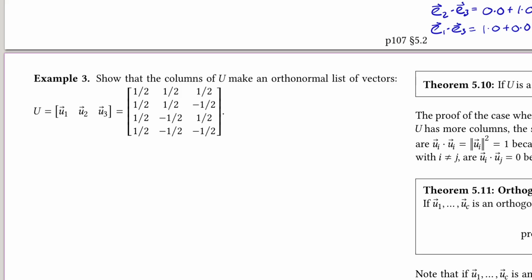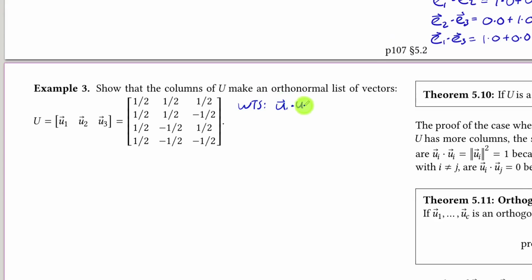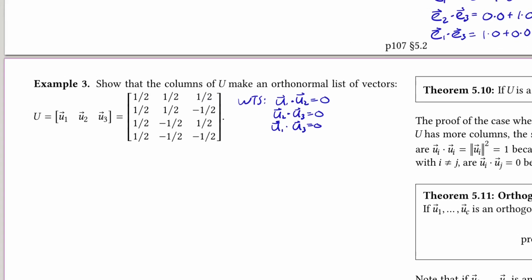So what we need to show is what we just did here. We want to show that u1 dot u2 is 0, u2 dot u3 is 0, u1 dot u3 is 0. And to be normal vectors, we want the length of each one of the columns to be 1.